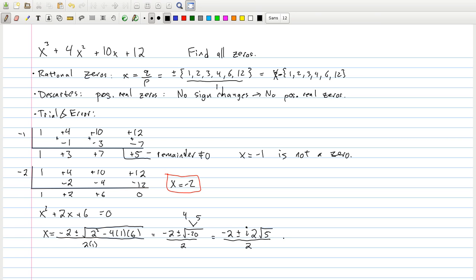And then finally, we can reduce each of these to give us negative 1 plus or minus i times radical 5. So now we have our three zeros. We have x equals negative 2, x equals negative 1 plus i radical 5, and x equals negative 1 minus i radical 5. We have three zeros, and the polynomial was degree 3, so we know we found all the zeros.